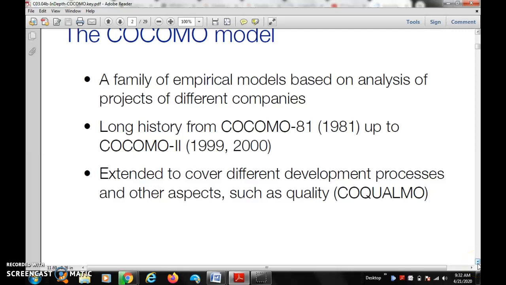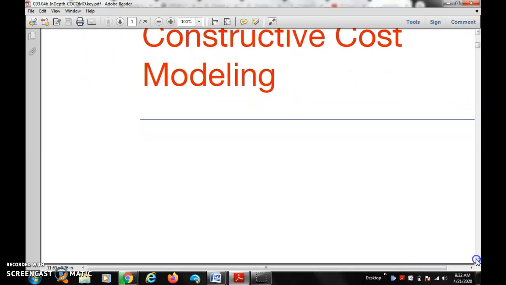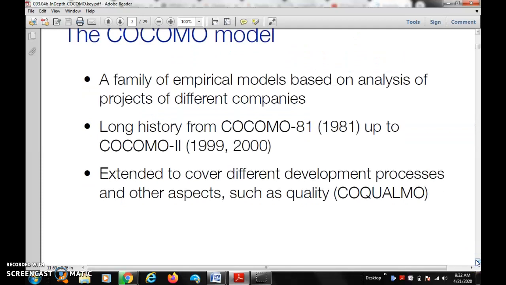Here the COCOMO model is a family of empirical methods based on the analysis of projects of different companies.